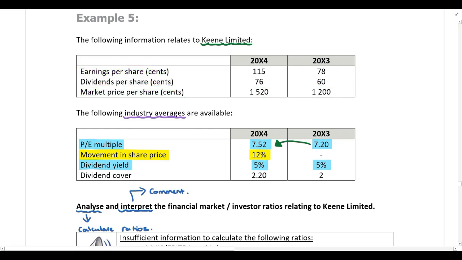You calculate the dividend cover by taking earnings per share and dividing by the dividend per share. And please note, when it comes to our discussion, we can also compare this to the industry averages which were provided.